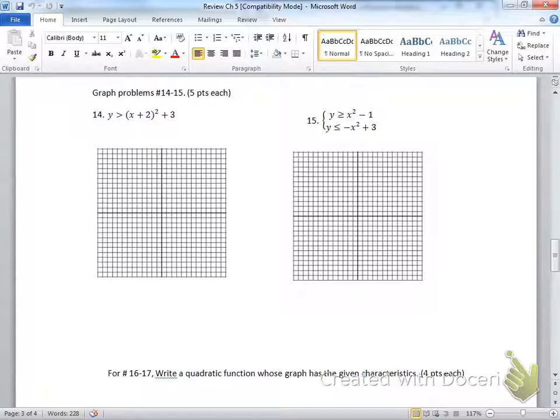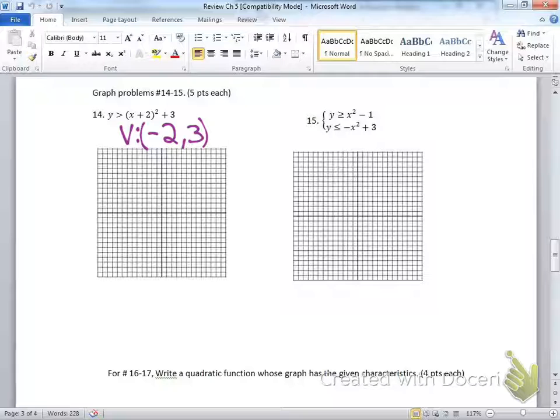All right, so what form are we in here? Vertex form. So this is negative 2, 3 is my vertex. Shh. Vertex form. Chill.